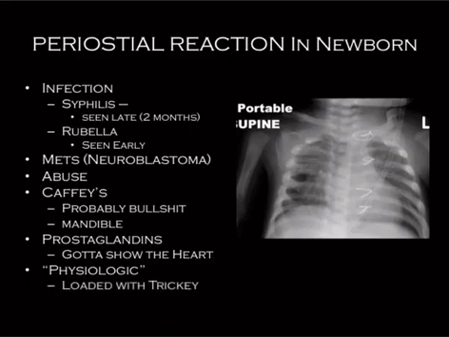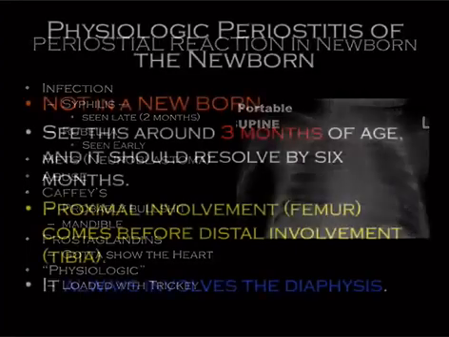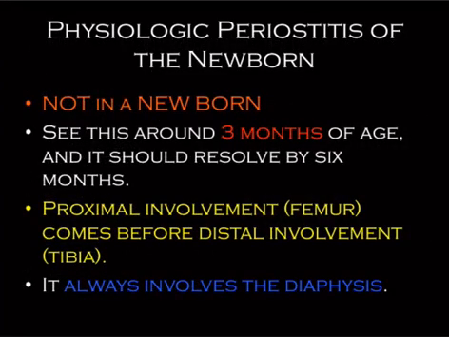And physiologic, that's loaded with trivia, so let's talk about that. So physiologic periostitis of the newborn is not actually seen in a newborn. That would be a very excellent trick because the name is very misleading. It's seen around 3 months of age instead, and it should resolve before 6 months. So there's a very brief window there where it's, quote, normal.